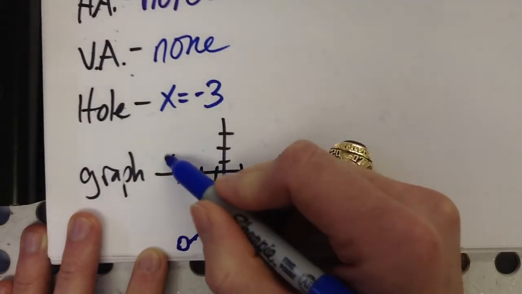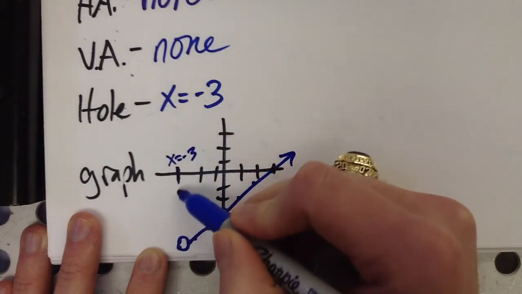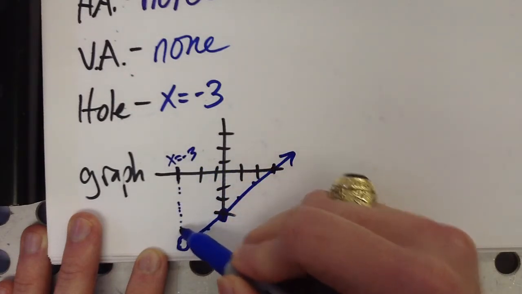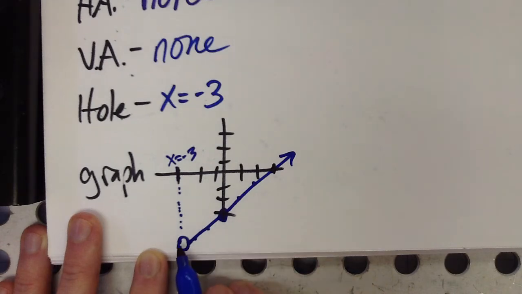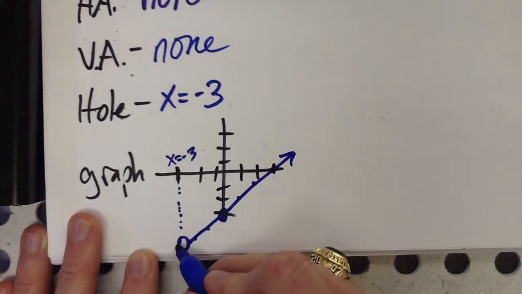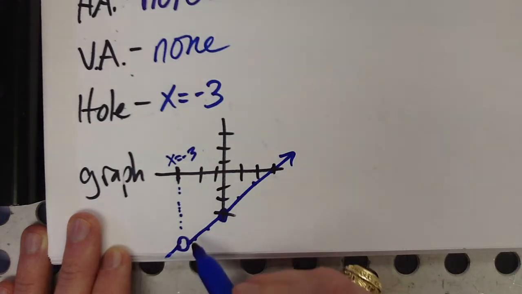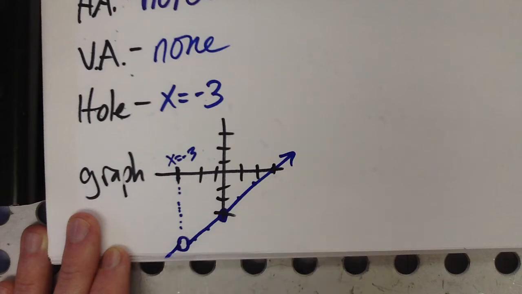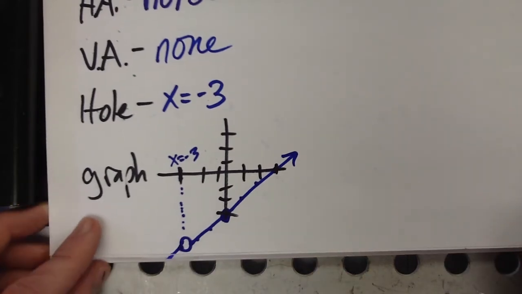Where x is negative 3, that's right here. If I come down vertically, when I try to plug in negative 3, it won't work. I get a hole in the graph. I get an empty space. Now, I'm kind of pushing the limits of my paper, but we do continue on this line past there. Okay, so that's what it looks like.